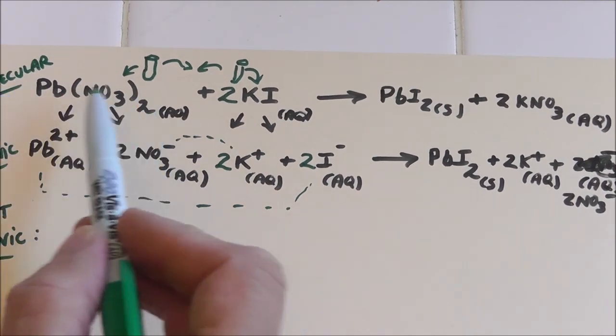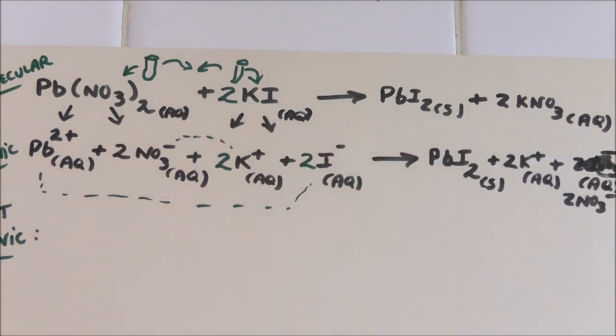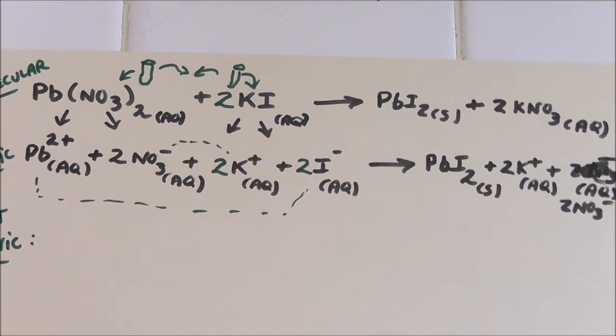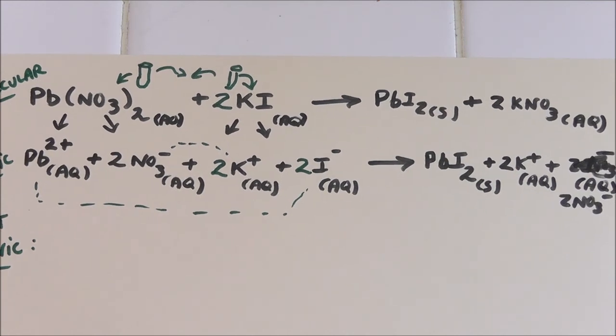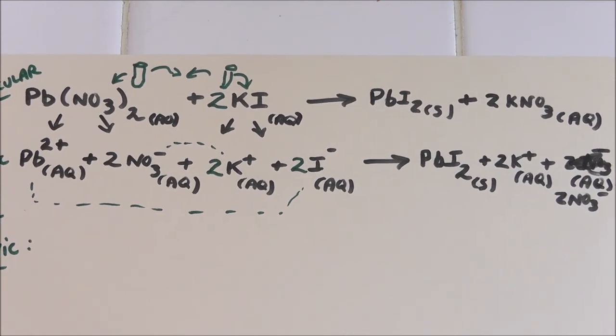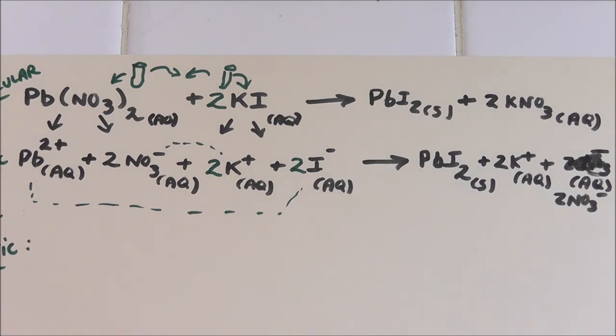Molecular form is when you have the formula put together and the cations are combined with the anions, even if they're dissolved. That's just kind of a shortcut. Ionic is the more lengthy version of writing it, where all the ions that are aq, not the ones that are solid, but the ones that say aq, are busted up into their respective free ions.